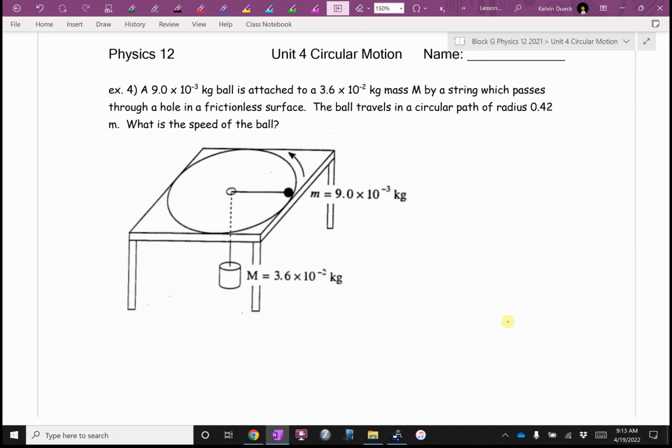What do they want me to find? I think this is a job for a free body diagram. So let's draw a free body diagram on the little m, on the ball. What are the forces acting on it? Get the obvious one. Okay, so I'm going to have little mg, and I guess normal force pointing up. What else?